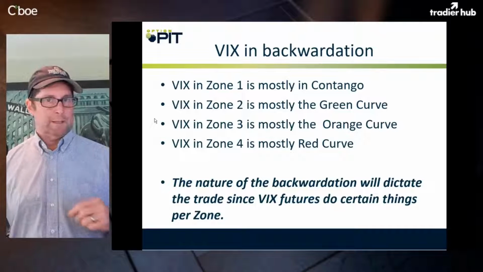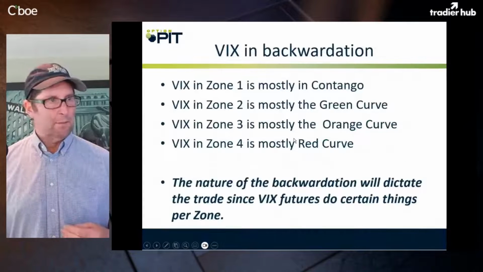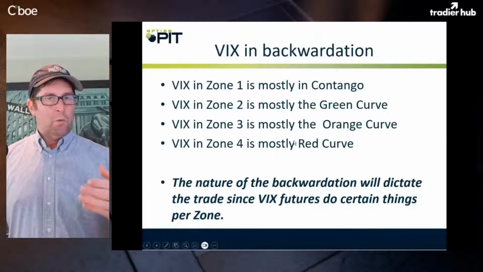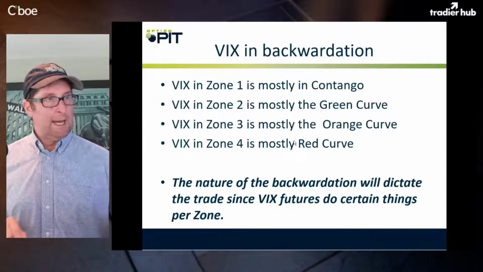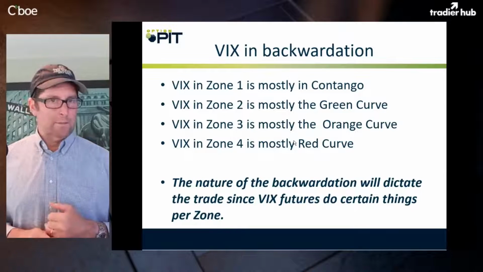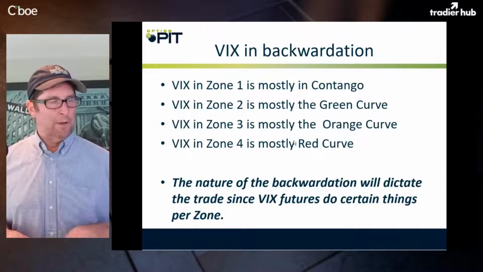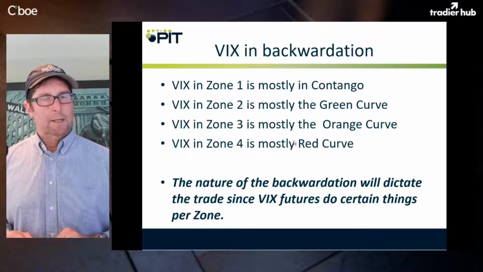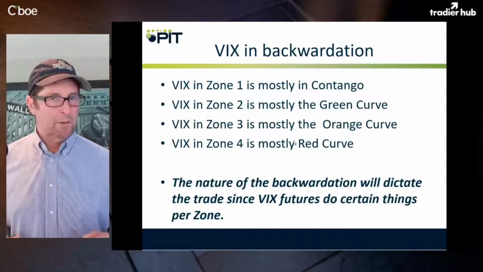When you go back to this curve, these numbers roughly coincide with where VIX cash is, so the green curve, orange curve, and red curve. Zone 4 is super high vol, the danger zone. Zone 3 is mid volatility; the market is just getting moving.